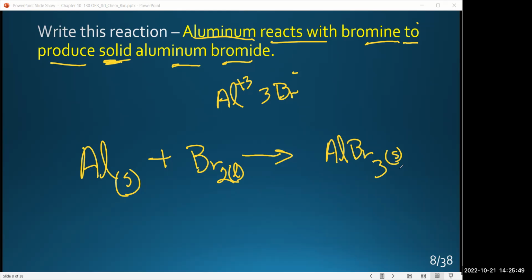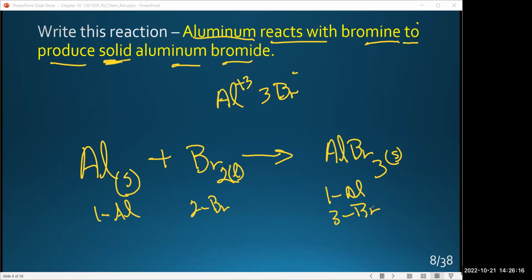We got the basic chemical reaction, but it's not balanced, obviously, right? Because we got 1 aluminum on the left. We got 2 bromides. I'm just calling it Br because it's either going to be bromine or bromide. 2 Brs on the left. We got 1 aluminum on the right, and we got 3 Brs on the right.